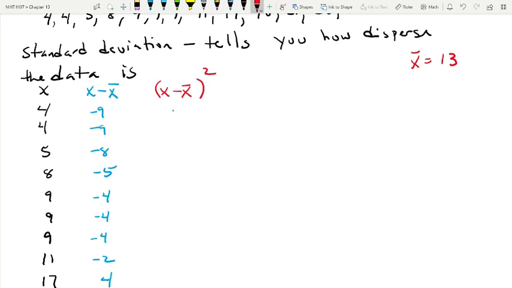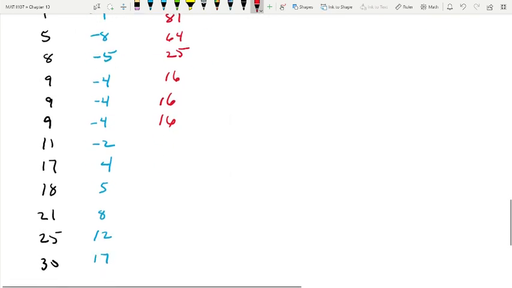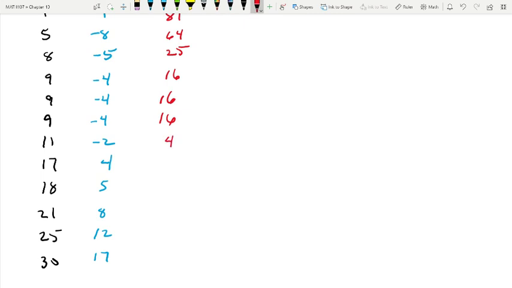And so this is going to give me 81, 81, 64, 25, 16, 16, 16, 4, 16, 25, 64, 144, and 289. Right? So we took all those and we squared them.